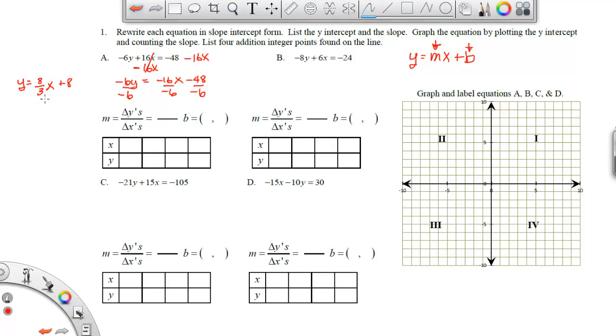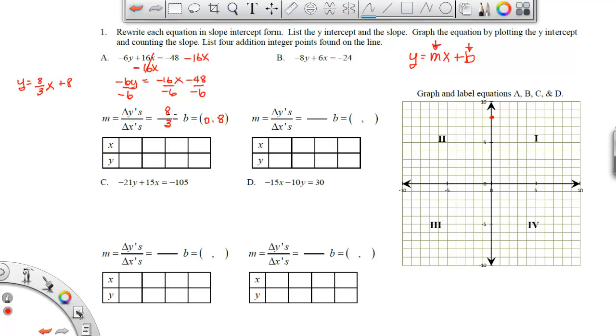So we know that this number in front of the x is the slope, so that slope is 8 over 3. We know the y-intercept is 8, so that point has to be 0 and 8. So now to graph this, it says graph the equation by plotting the y-intercept. So we're going to plot the y-intercept, so it's 0 on the x and up 8 on the y. So there's the point 0 and 8. And then it says plot it by counting the slope.